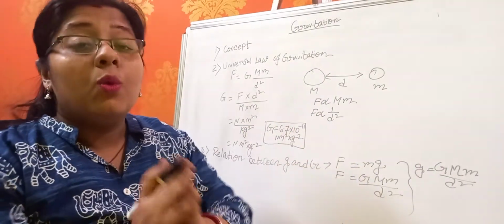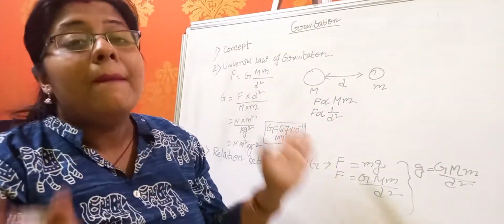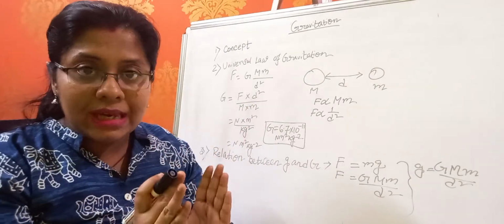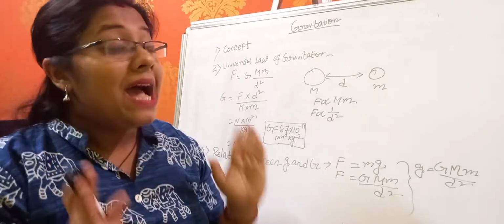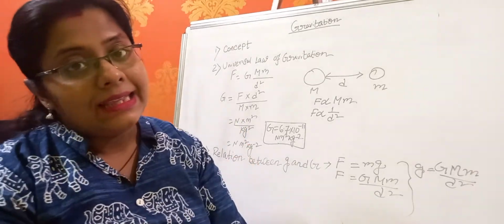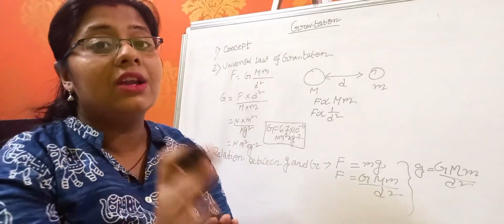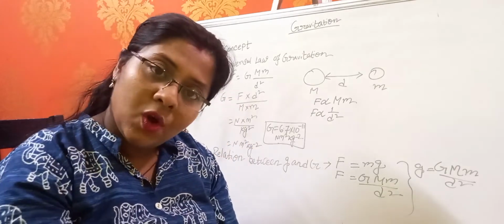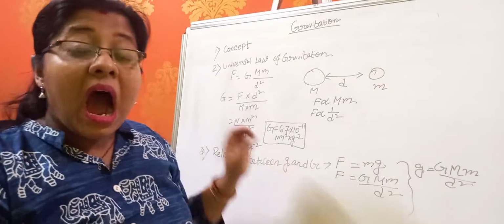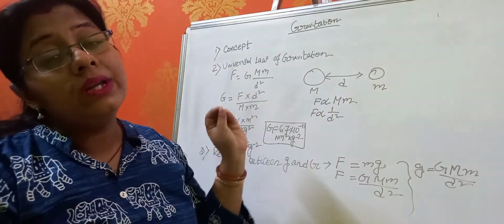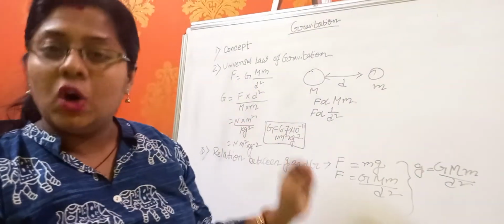Wherever you wish to go, the value of G always remains constant. That is why we say this is the universal constant. Now I have shown you how to find the unit of the universal constant.